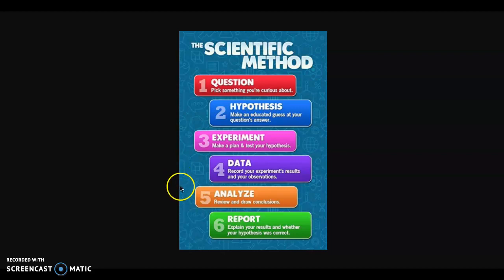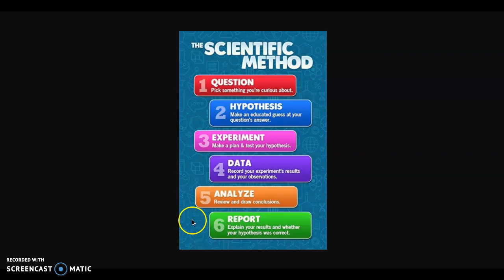Okay, and then we move to the fifth phase here, which is the analysis. And this is where you go back and you look at your data. You go back and you look at how your experiment was run in number 3, and you start to draw some conclusions.